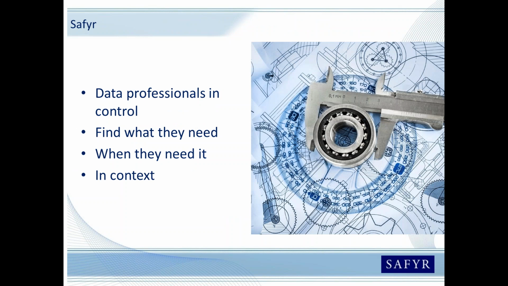So how we do that is that we put the data professionals in control. There's no need with Sapphire to hire external consultants or bother technical specialists, or to try to find documentation. Sapphire, in a way, is a self-documenting solution for packaged application metadata.